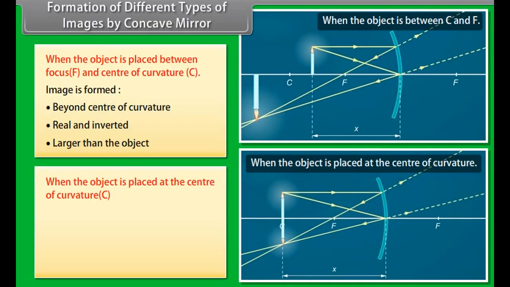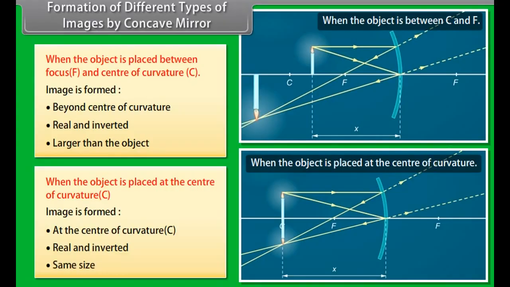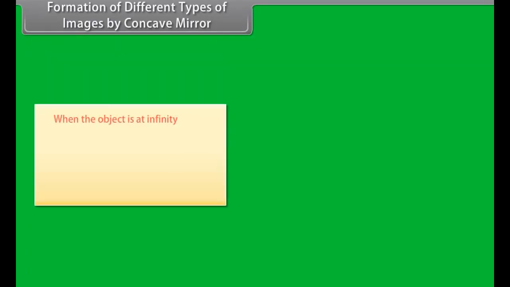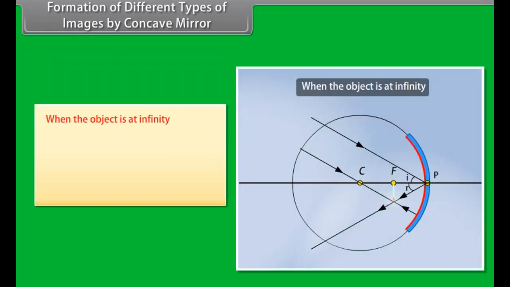When the object is placed at the center of curvature C, the image is formed at the center of curvature C, real and inverted, same size. When the object is at infinity, the image is formed at focus, real and inverted, smaller than the object.